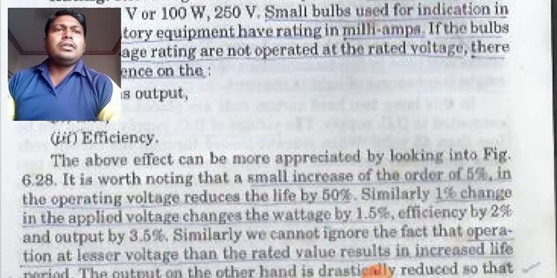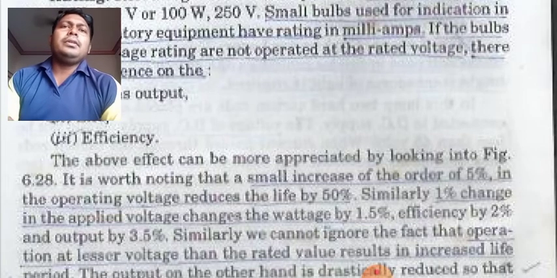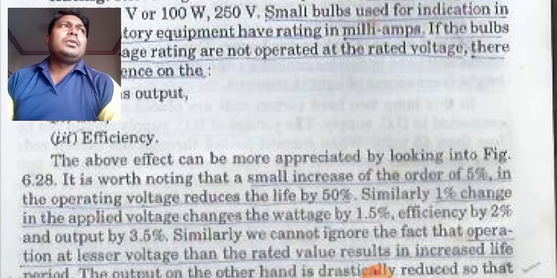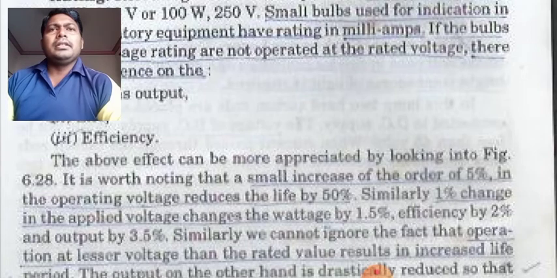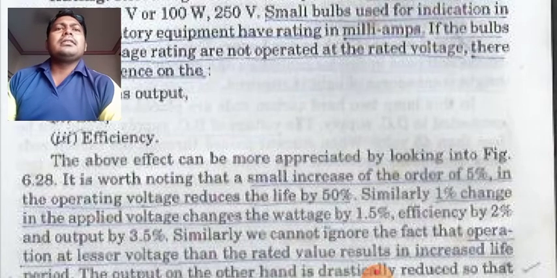If this voltage is applied to such a bulb or lamp, its life will be reduced to 50%. Suppose the lamp was made to have a lifespan of 100 days, its lifespan will be reduced to 50 days. Similarly, a 1% change in the applied voltage changes the wattage by 1.5%, efficiency by 2% and the output by 3.5%.